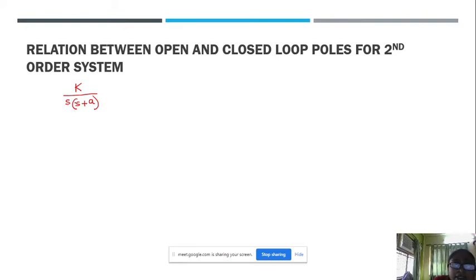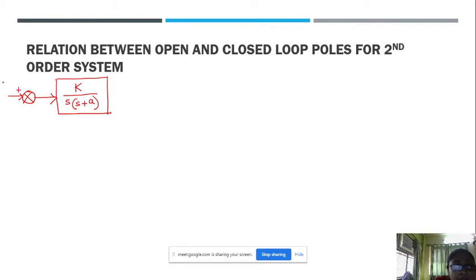Look, S plus A and S, that means there are open loop poles. Suppose this is my G(S). This is put in a closed loop.